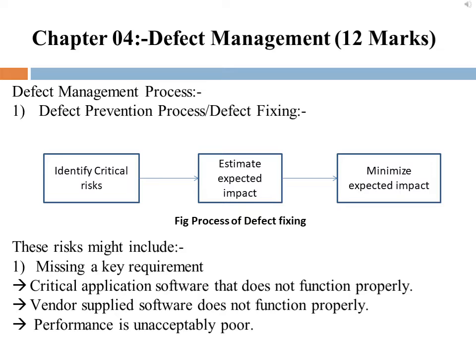These risks might include missing a key requirement. Key requirements of a software product or project are the highest priority requirements for which the customers or users are paying. Missing requirements, wrongly interpreting requirements, or giving something more or extra than expected by the customer or user represent major causes of defects.